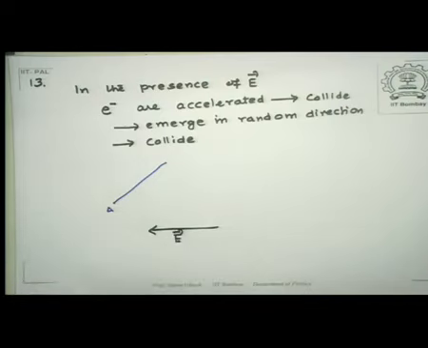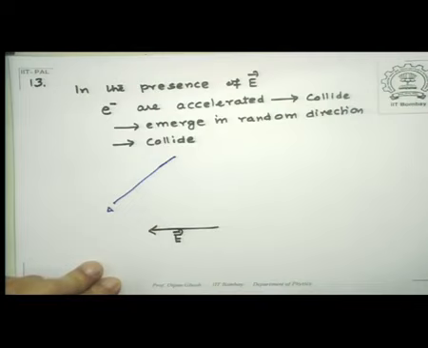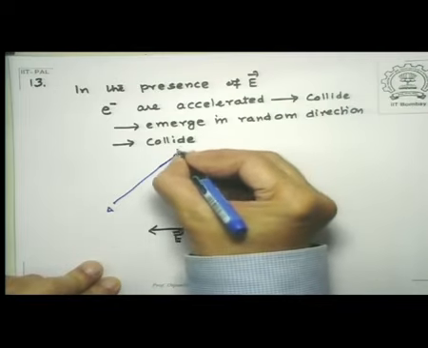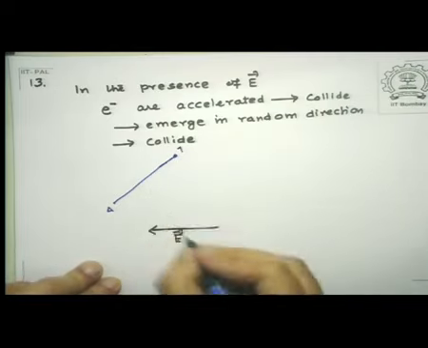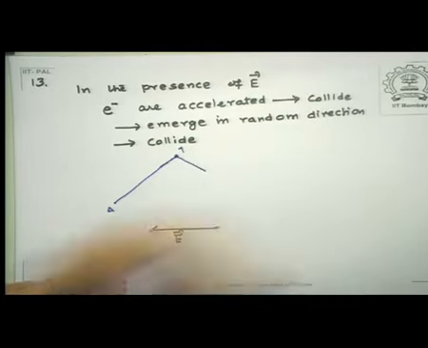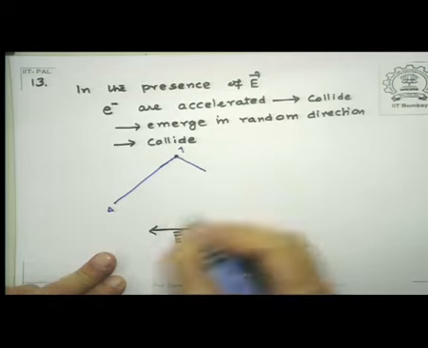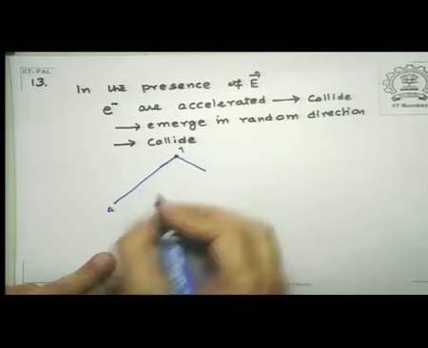Supposing the electron was directed like that, and it goes there. I will just call it atom number 1. It collides there and would emerge from there with a velocity direction change, though there is not much change in its magnitude of the velocity.